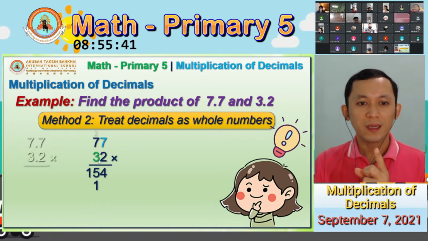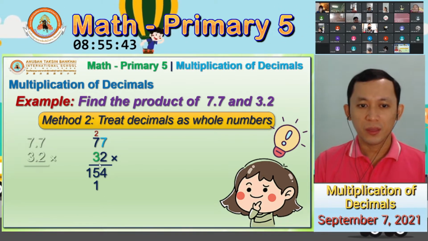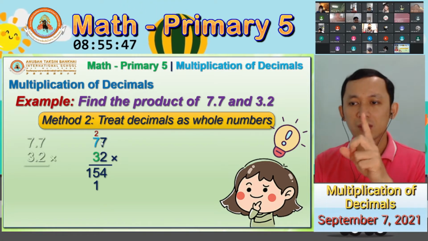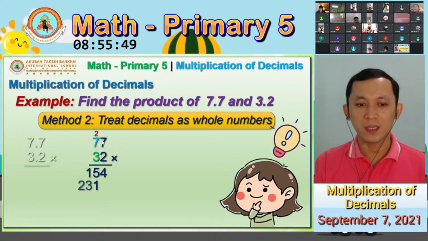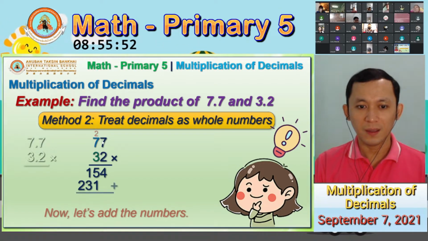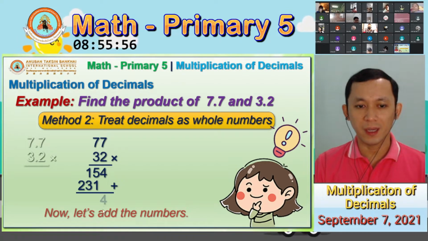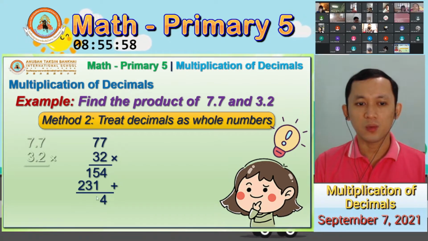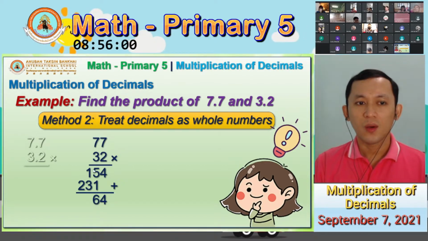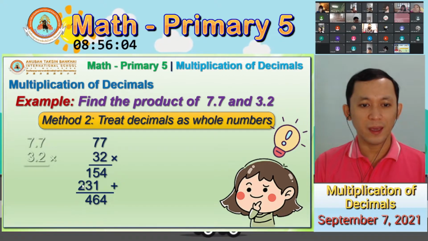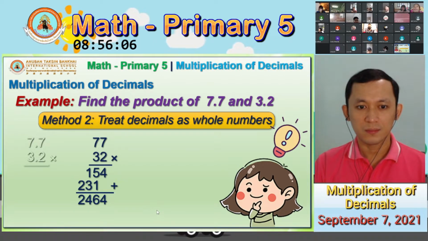So 1 carry 2. 3 times 7, we have 21 again, plus 2, we have 23. Okay, now let's add the numbers. Bring down 4. 5 plus 1, we have 6. 1 plus 3, we have 4. And then we have 2.